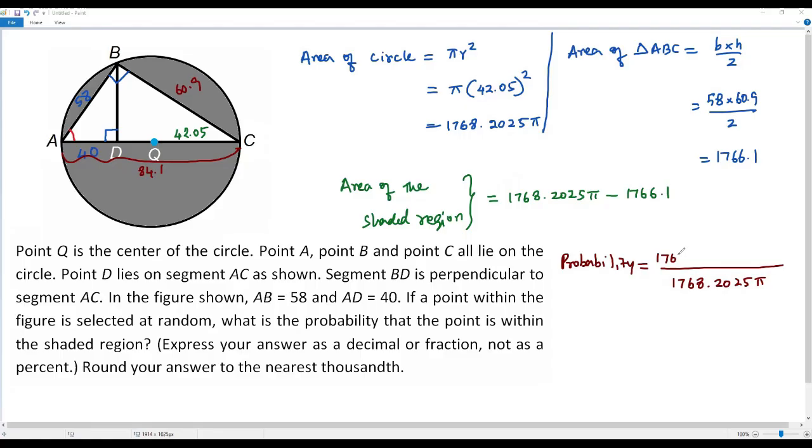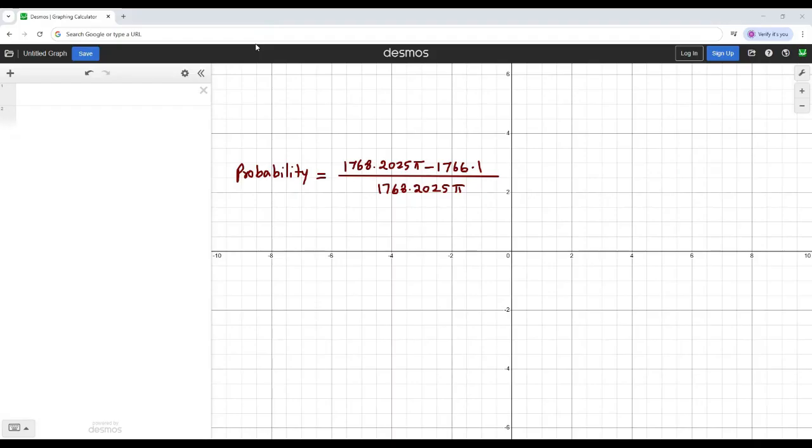That is 1768.2025 pi negative 1766.1. Okay, we can use Desmos graphing calculator to evaluate the value of this expression. Let's go to Desmos. Here we have Desmos graphing calculator. Now let's evaluate the value of this expression. Let me give this expression as input over here.